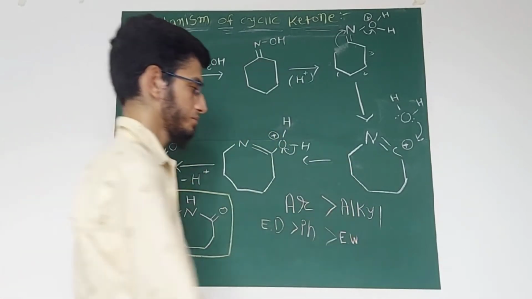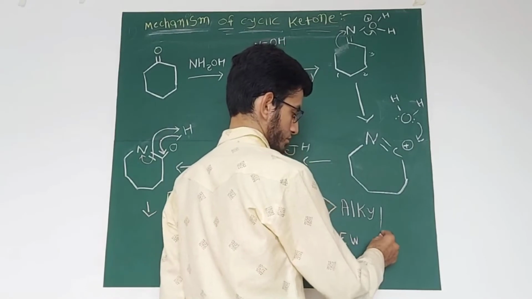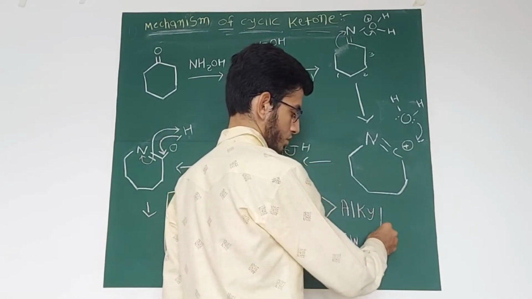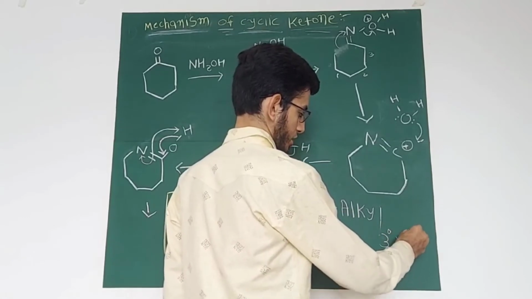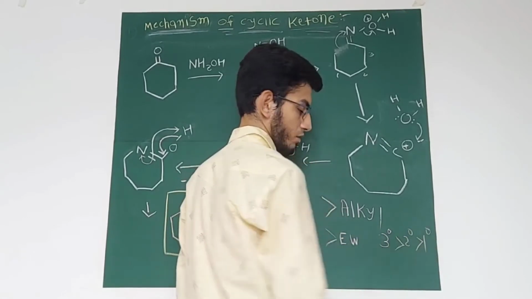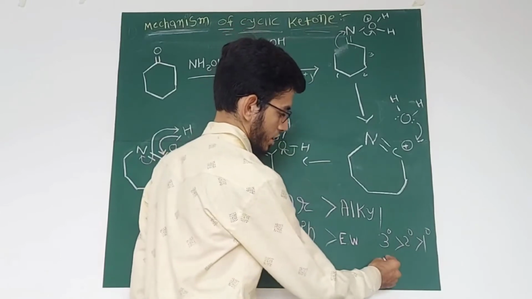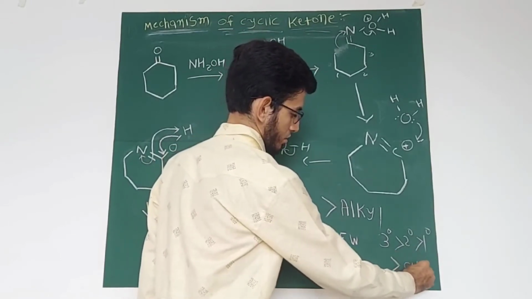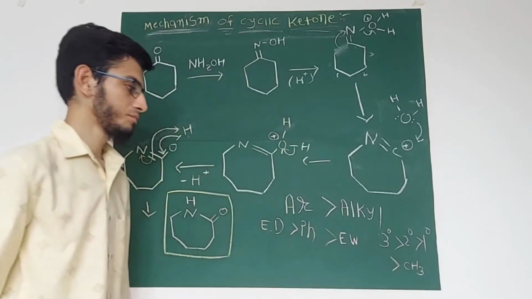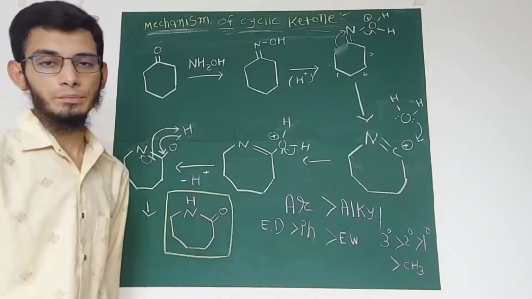In alkyl, first tertiary, then secondary, then primary, and then CH3. This is the migratory aptitude.